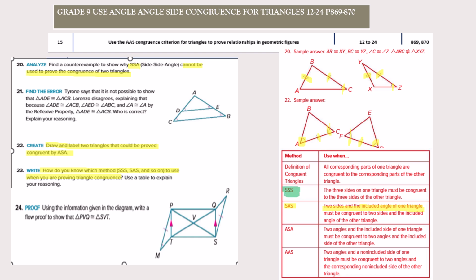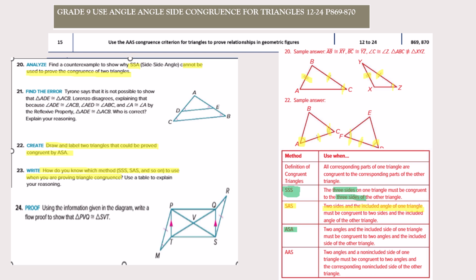So if you have 3 sides in a triangle congruent to another 3 sides, then it is congruent. Then we can use side, angle, side, which I've explained to you here. Then you have angle, side, angle.